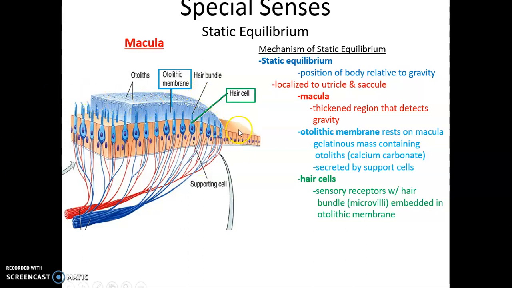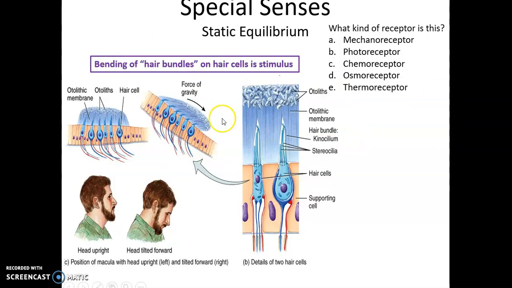And the way this works is you have the hair cells themselves surrounded and held in place by support cells, which are types of epithelial cells, and the hair bundles of the hair cells are embedded in the otolithic membrane. Then, when you change the position of your head, gravity will pull on the otolithic membrane, and it will ooze or move in that direction.